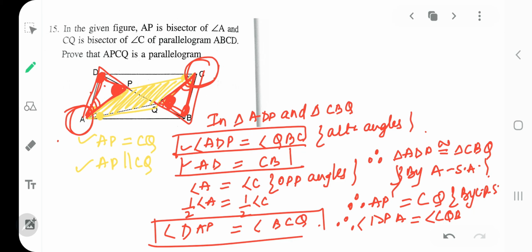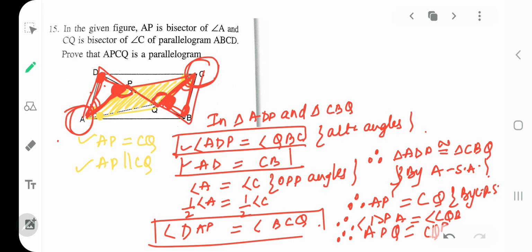Getting my point? If these are equal, then their linear pairs will also be equal, and they are forming alternate angles. Can you see? So therefore, if DPA is equal to CQB, so even APQ will be equal to CQP.